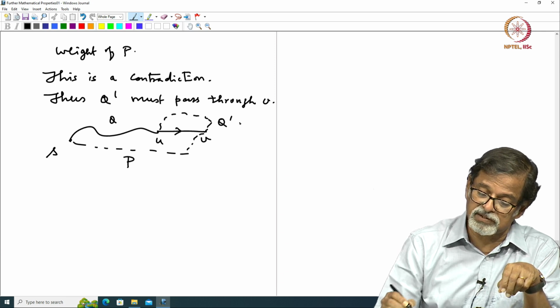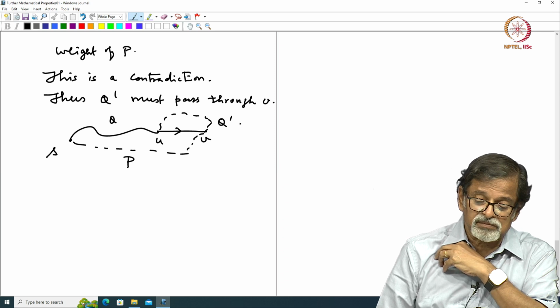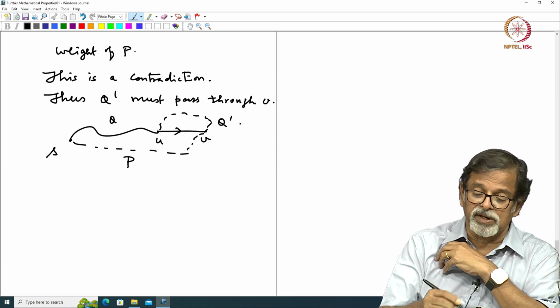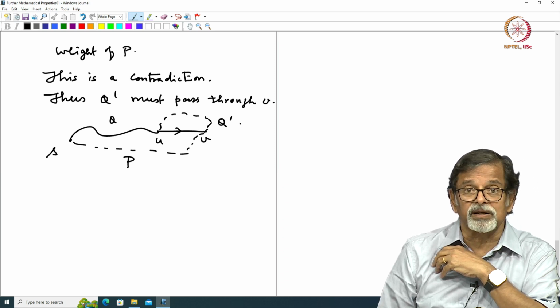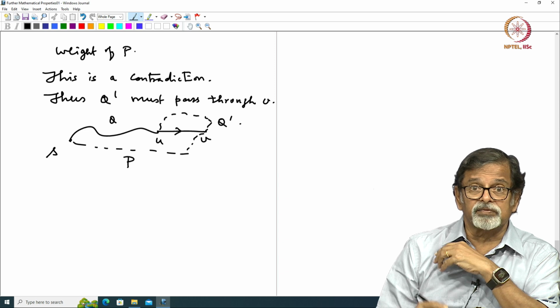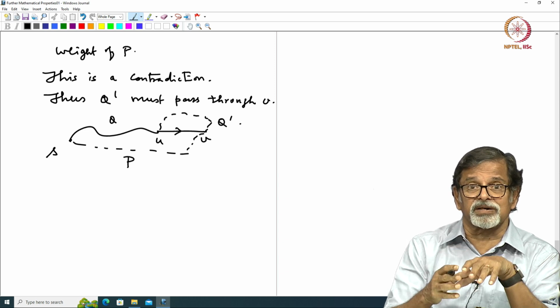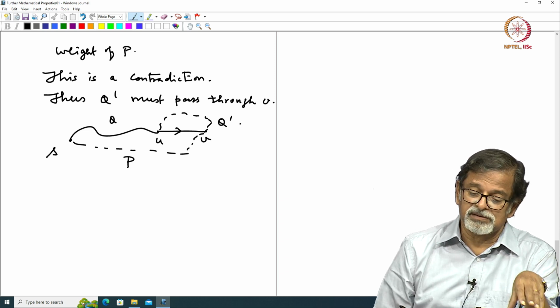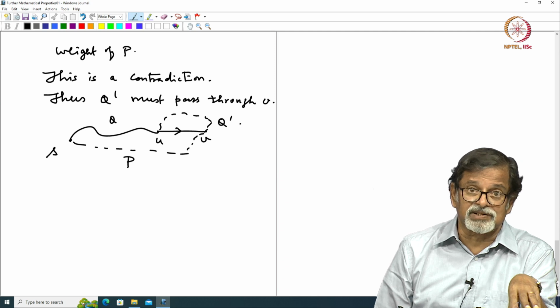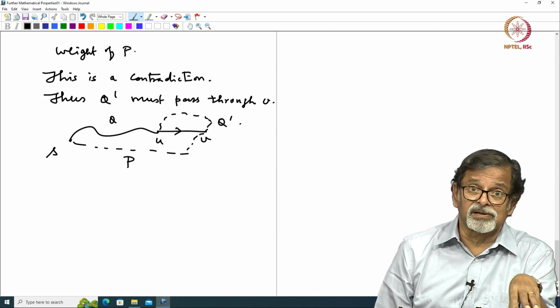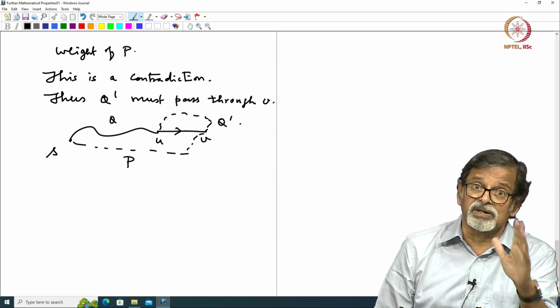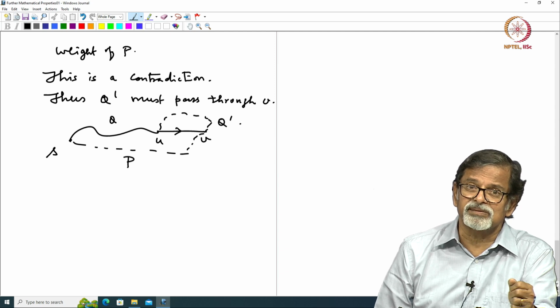This is how Q dash is. Okay? Q dash is passing through V now. If Q dash does not pass through V, we have a contradiction. So, that forces us to consider that Q dash must pass through V.